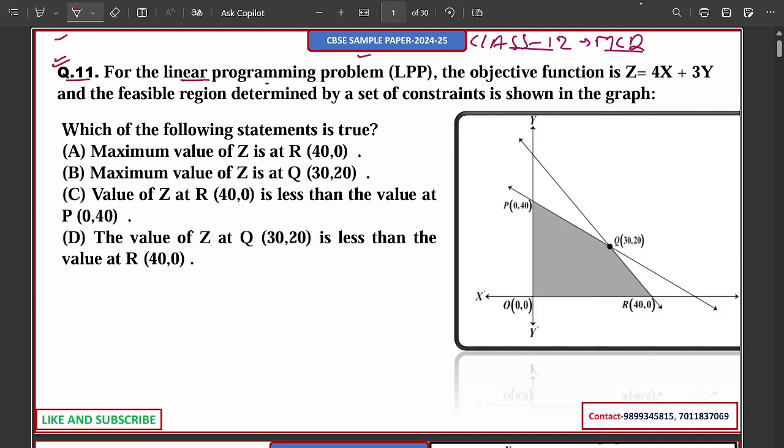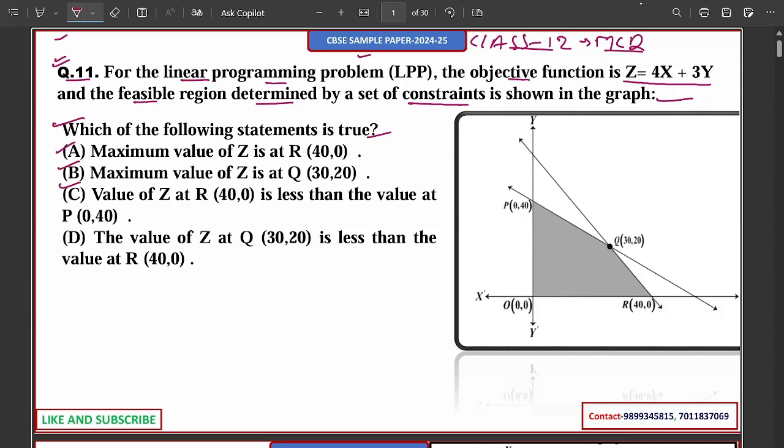For the linear programming problem, the objective function Z is equal to 4x plus 3y and the feasible region determined by the set of constraints is shown in the graph. Which of the following statements is true?